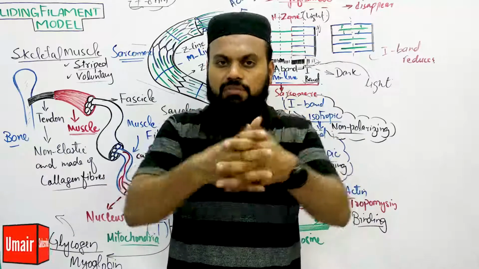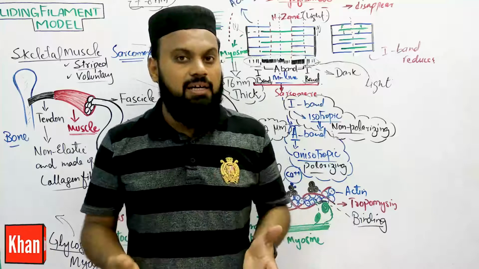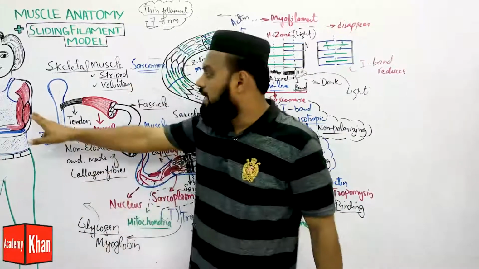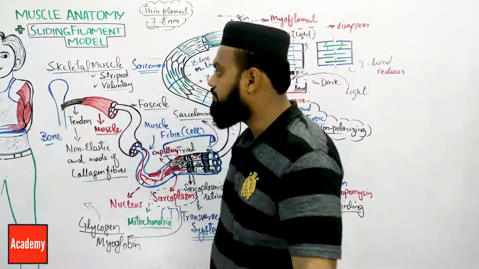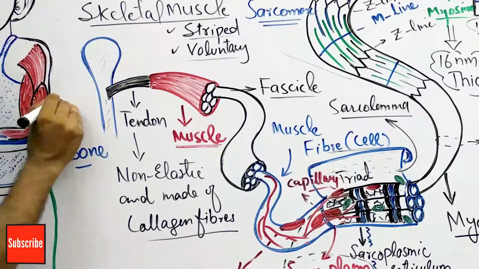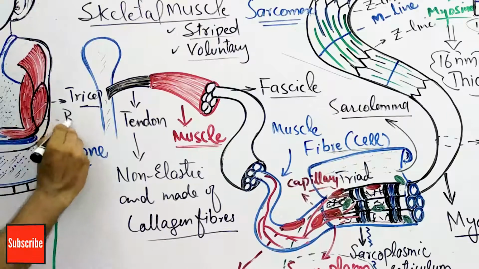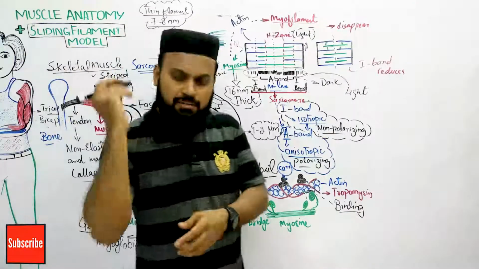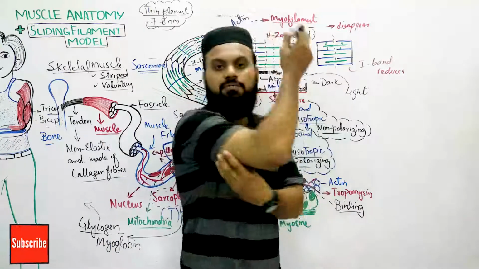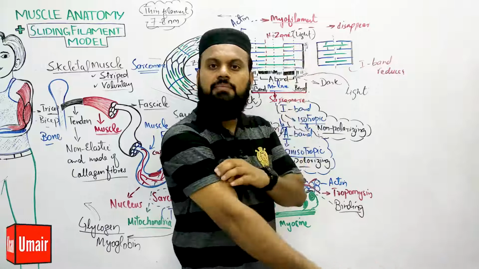Contraction and relaxation of the muscle produce the whole movement of the body, and you can also observe it in muscles like this. For example, this muscle is called the tricep and this muscle is called the bicep. If you want to see mine, this muscle here is the tricep and this is the bicep.